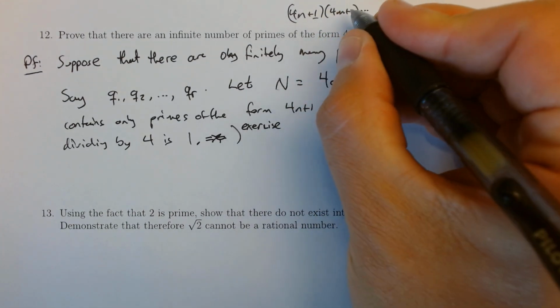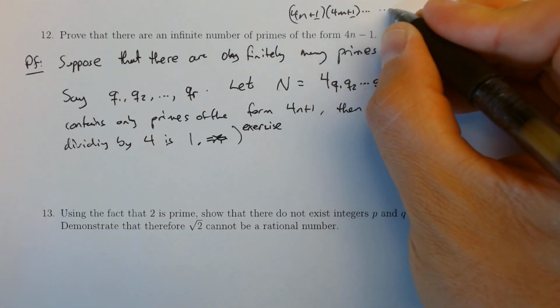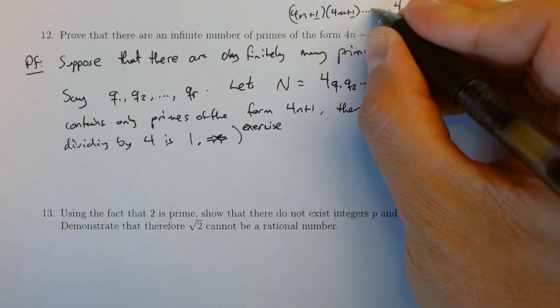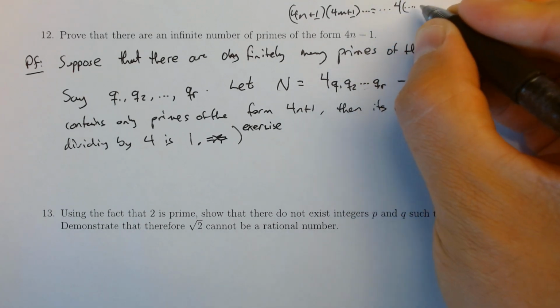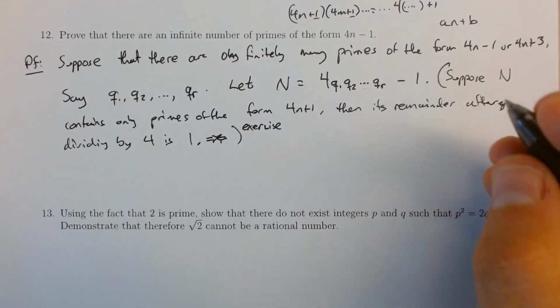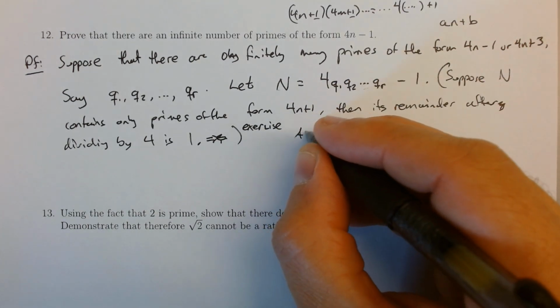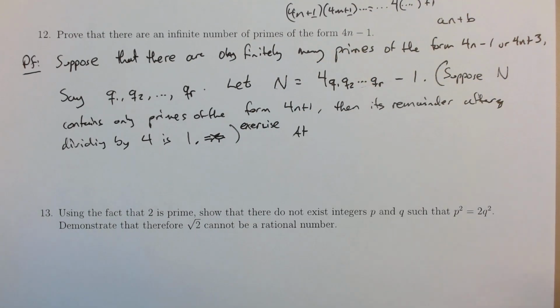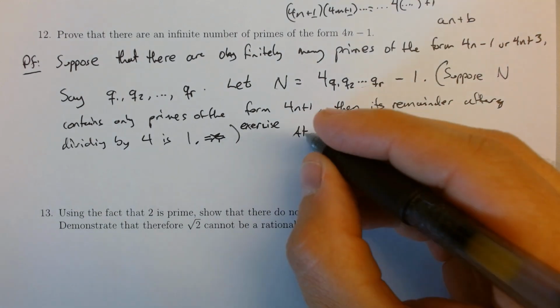Just notice that all these are 1, so you're going to get 4 times something plus 1, so the remainder would still be 1. All right, so this contradiction means at least one factor of n has the form 4n minus 1.